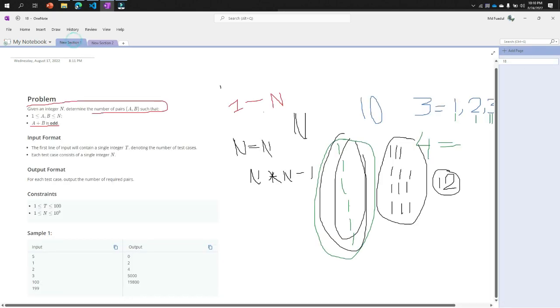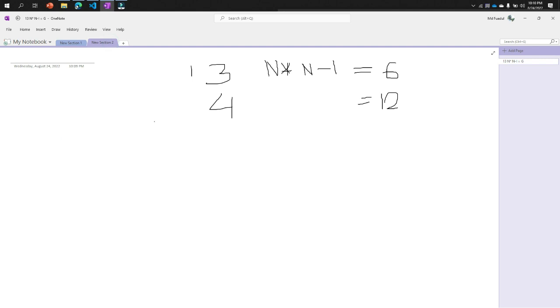But this problem has another condition: a plus b must be an odd number. If the value of n is 2, we can make the pair 1 and 2, whose summation is 3. Considering the two ordered pairs, the summation is 3 and 3, both odd, so the result will be 2.